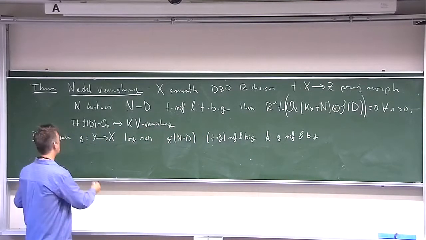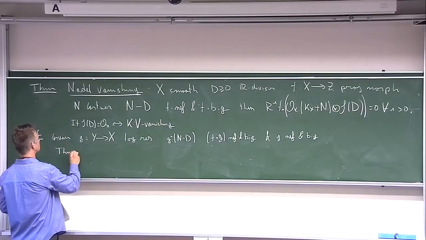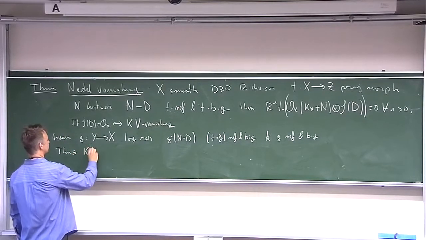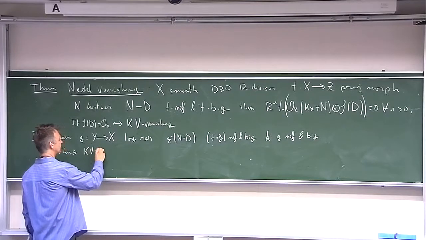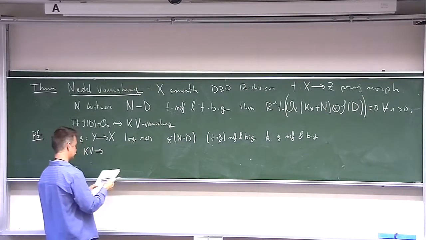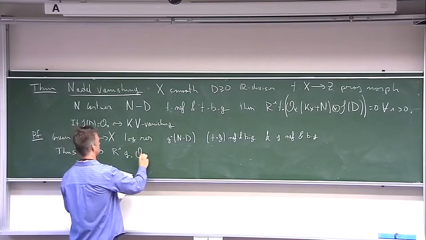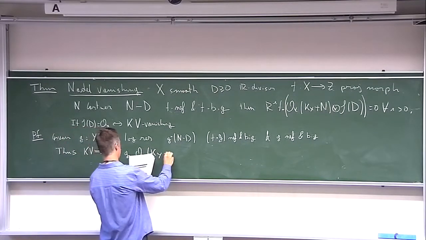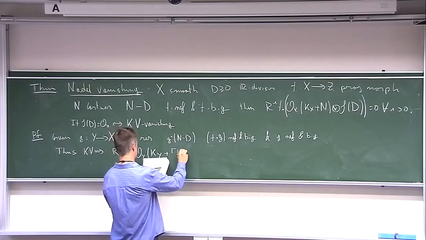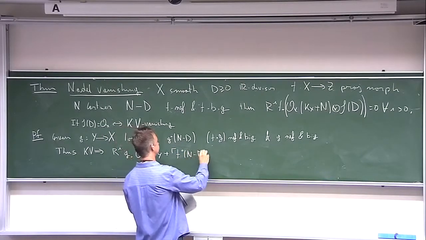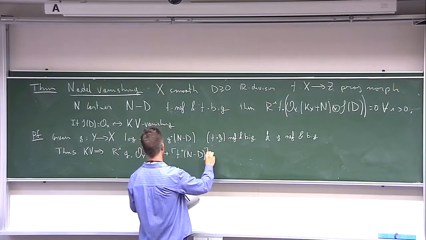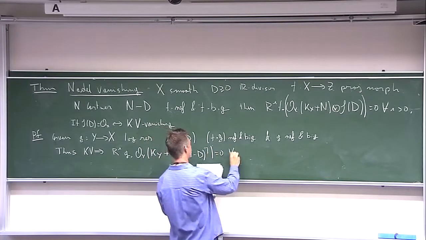So by Kawamata-Viehweg vanishing, what do we get? We get two things. We get that if I push forward K_Y plus the roundup of the pullback of N minus D, this is equal to 0 for every i greater than 0.